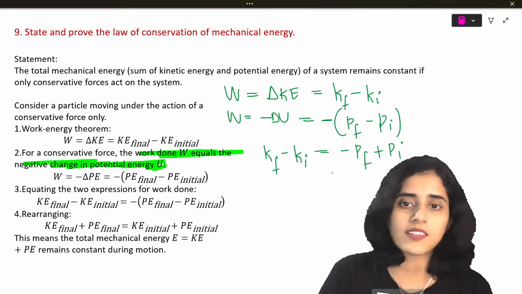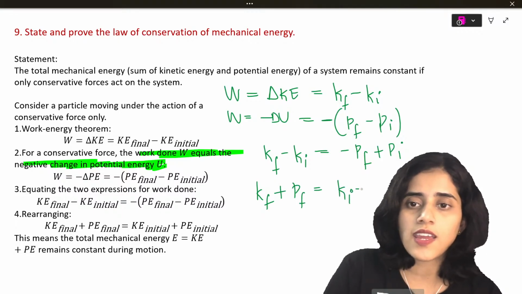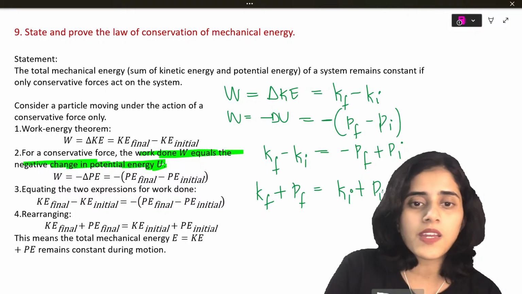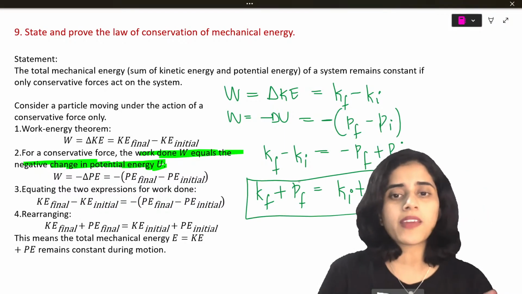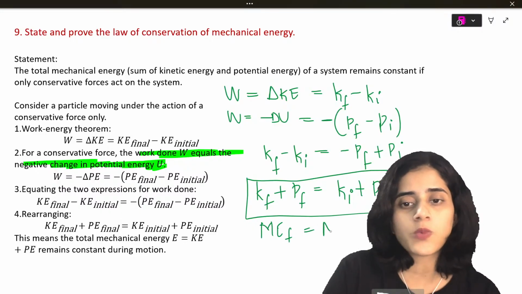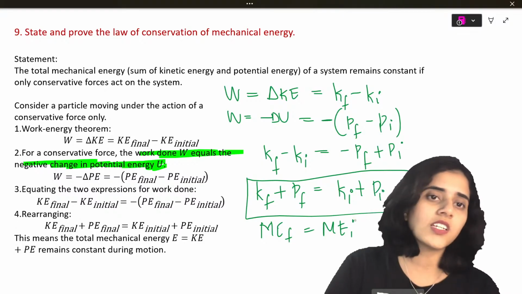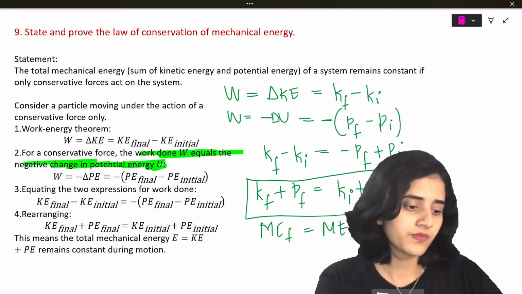Now I'll take it to the other side. K final plus P final is equal to K initial plus P initial. Hence proved, total mechanical energy is conserved. Mechanical energy final is equal to mechanical energy initial. Hence proved. Okay?